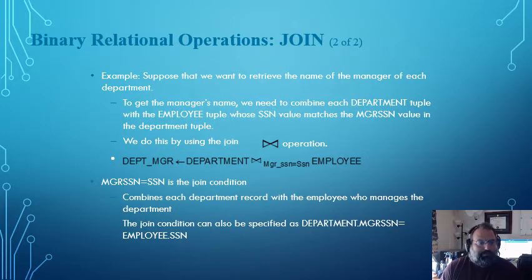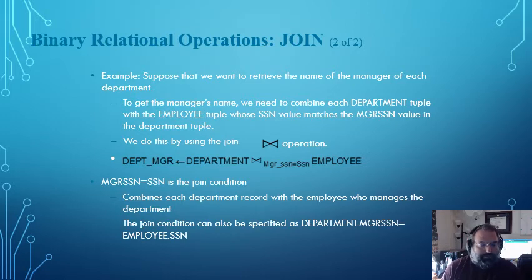Binary relational operations: join. Suppose that we want to retrieve the name of the manager of each department. To get the manager's name, we need to combine the department tuple with the employee tuple whose SSN matches the manager's SSN value in the department tuple. We do this by using the join operator: the department manager takes on the value of department joined with employee on manager SSN equals SSN.